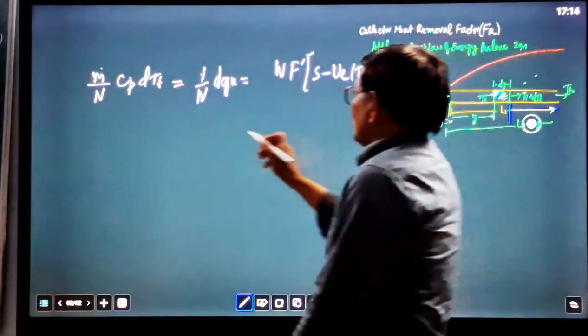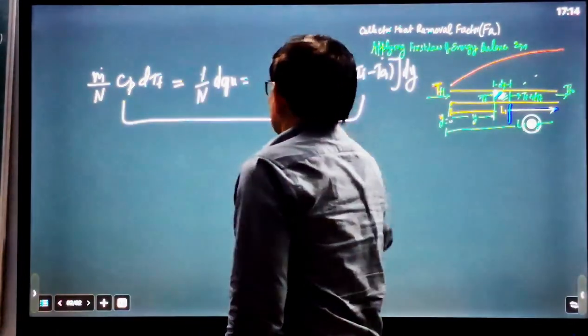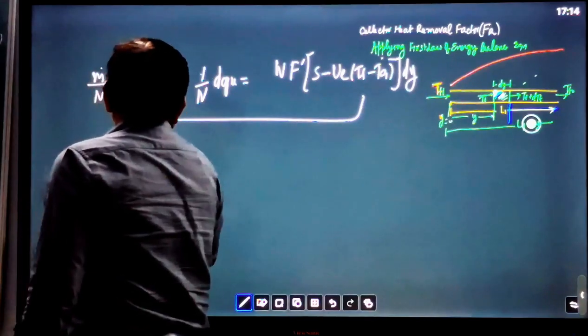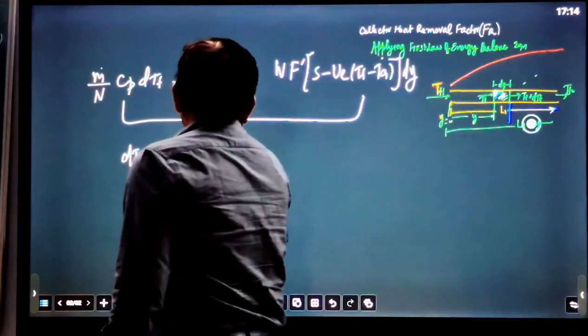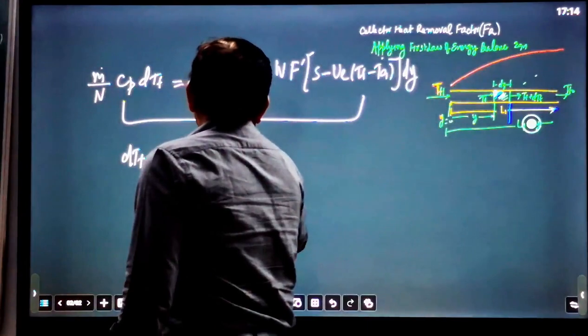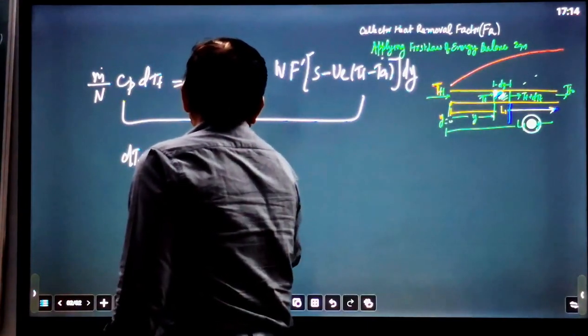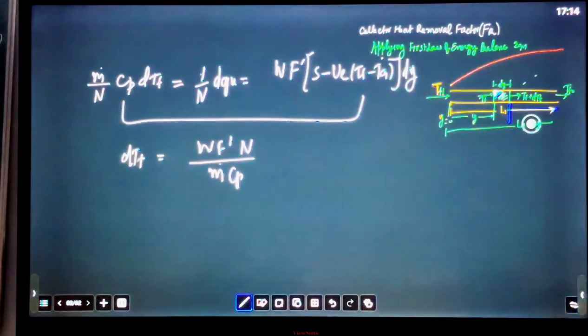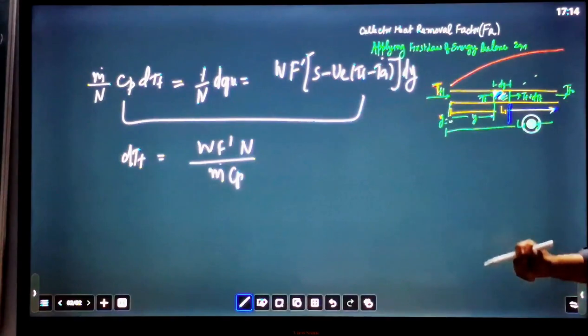So now, using this equation for the derivation, dTf equals W F dash n upon M dash Cp. What is M dash? M dash is the mass flow rate, the flow of mass through the whole collector through n number of tubes.